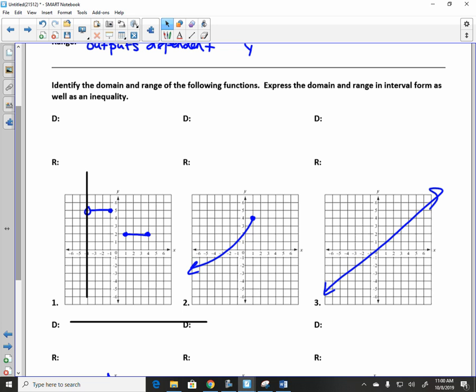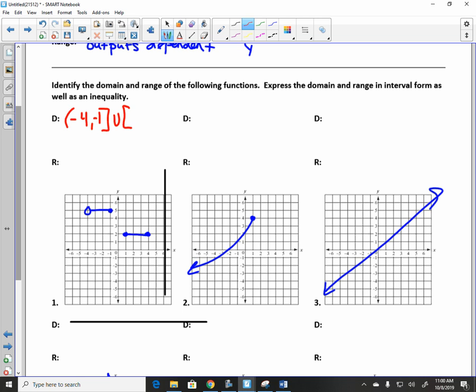How about here? No, but everywhere then to the side of -4, it starts to pick up values, correct? Until I get to -1. Then I do not have values, and I do from 1 to 4. So the way that we express that is -4 to -1, bracket, union 1 to 4.